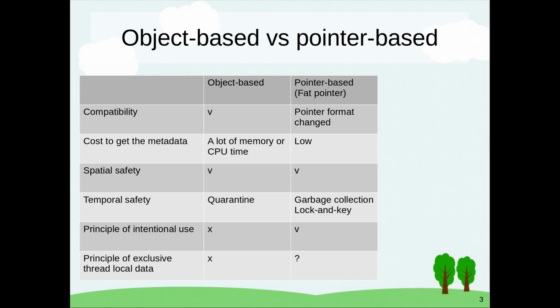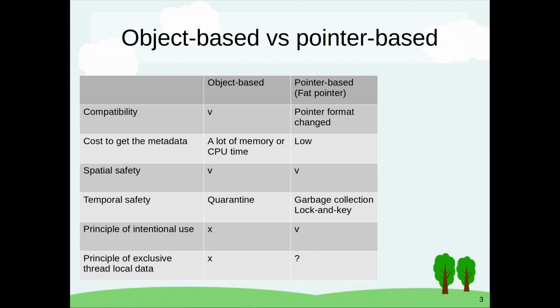When an object is freed, it will be moved to quarantine state for some time. During this time, if the object is referenced, it will trigger an error. After the quarantine time is up, the object will be moved to normal state. After that, the compiler can no longer detect the temporal safety violations.